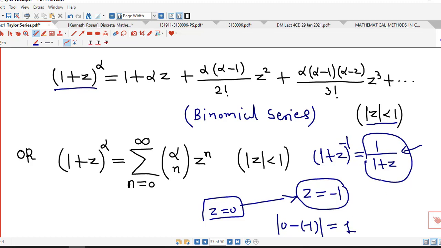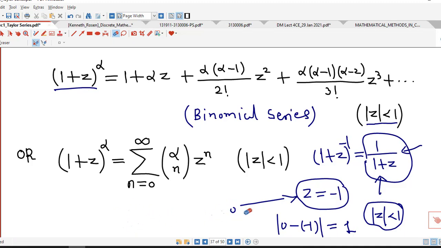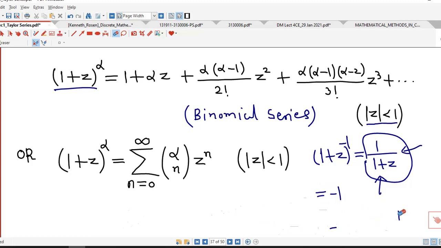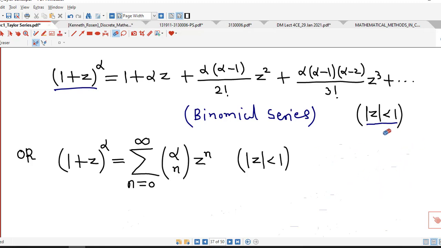Therefore the series of 1 over 1 + z will be valid in the open disk mod z less than 1. Whenever we have negative powers, we will have 1 + z in the denominator. In that case our function will not be analytic at z equal to minus 1, so the Maclaurin series expansion will be valid in the open disk represented by absolute value of z less than 1.